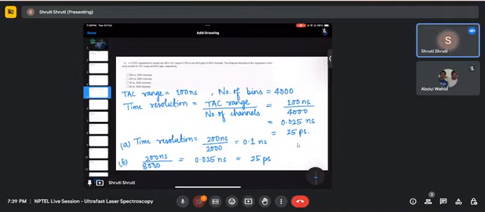Have you heard of these SPAD detectors? You can Google about it. It is the full form, single photon avalanche detectors. So these detectors detect only one photon at a time.